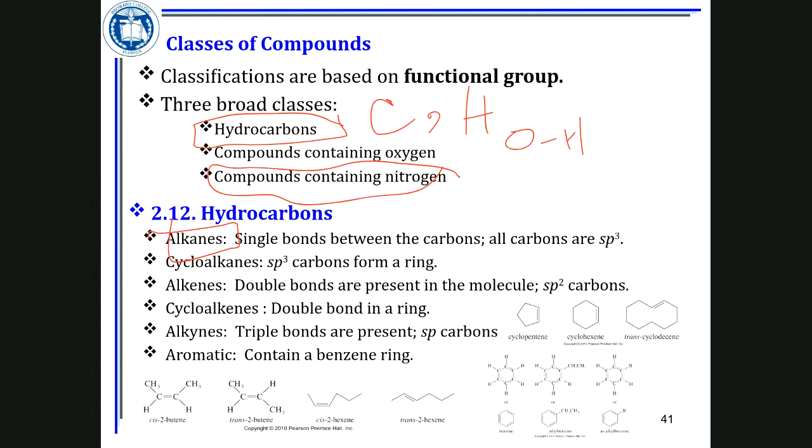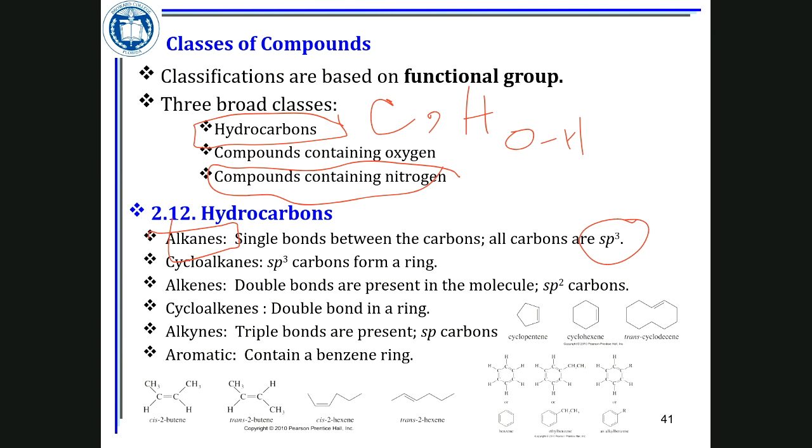And the alkane is only carbon and hydrogen. They're all single bonded. If they're all single bonded, we talked about hybridization. Hybridization for all of the carbons is going to be sp3. If the hydrogens are written, fine.